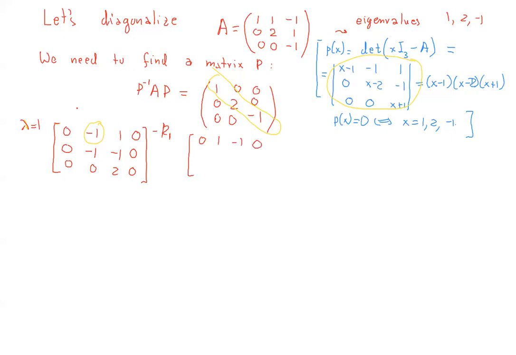Now I can eliminate the negative 1 underneath by adding row 1 to row 2. That's the same thing as 1 times row 1 plus row 2. And this will be [0, 1, negative 1, 0; 0, 0, negative 2, 0; 0, 0, 2, 0].